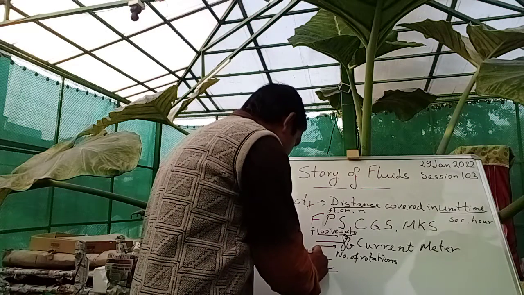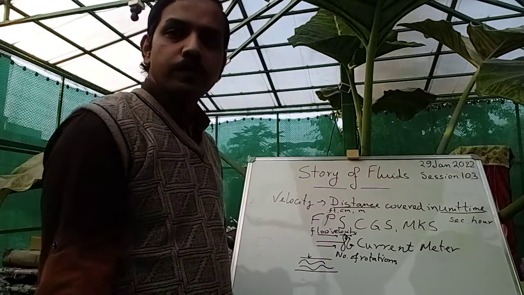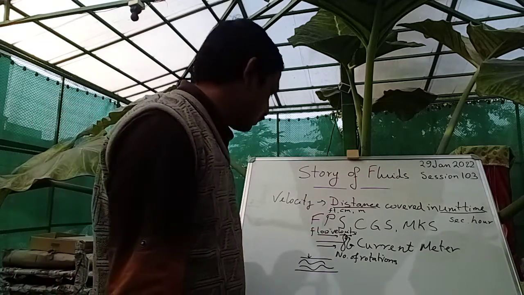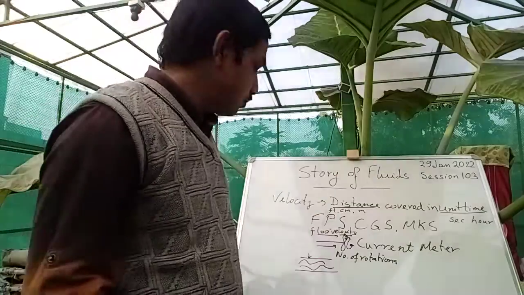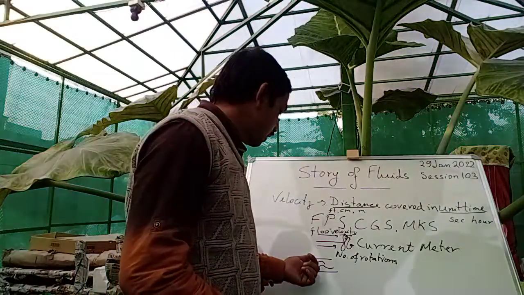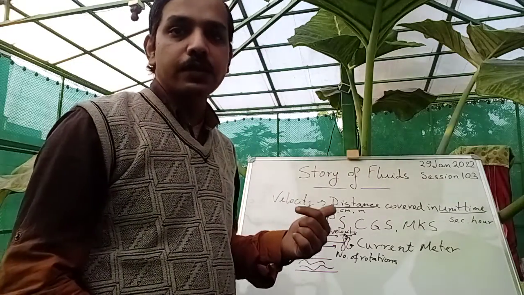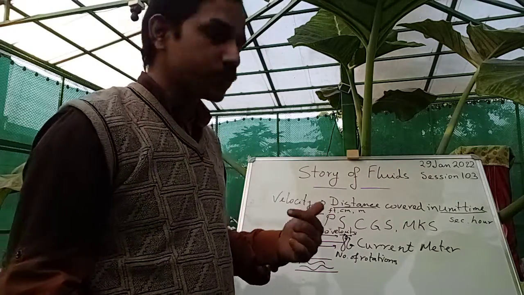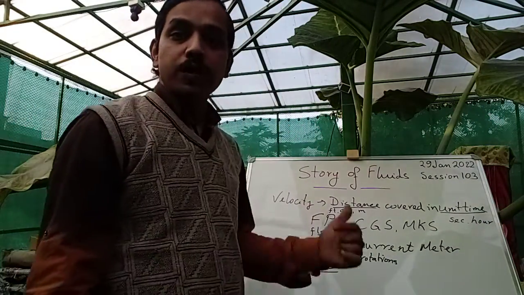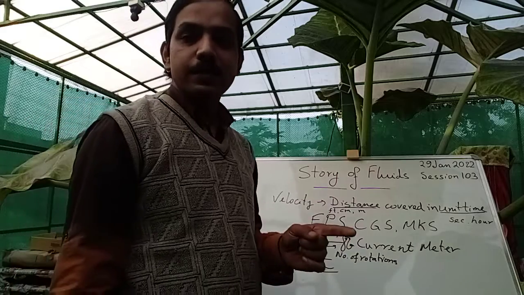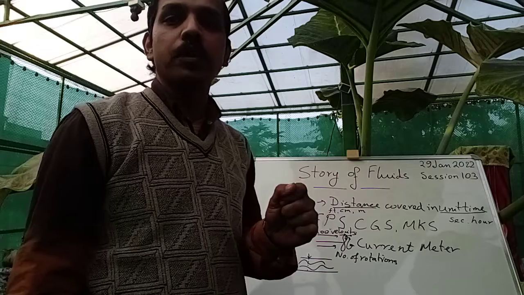So if we put any kind of electromagnetic wave, that can be light or that can be sound, and if the fluid is ready to deflect the actual direction of that motion due to its flow, it is useful for measuring the velocity of that particular fluid.